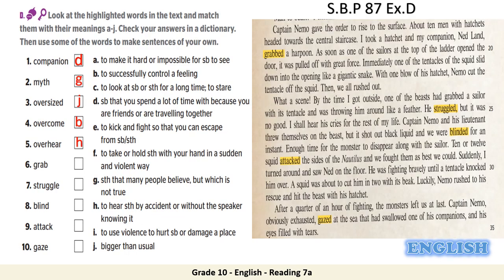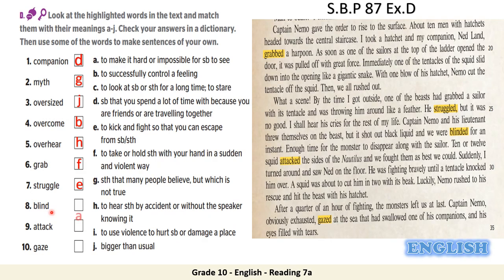Let's go to number 6. The word grab. Can you think of the answer? That's correct. Grab means to take or hold something with your hand in a sudden and violent way. Struggle: to kick and fight so that you can escape from somebody or something. The word blind. Can you say the answer?